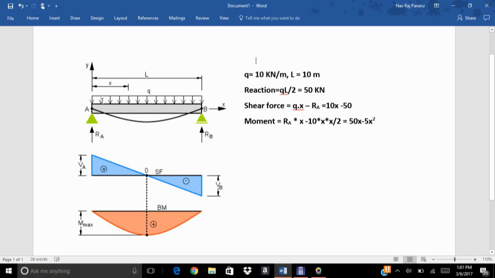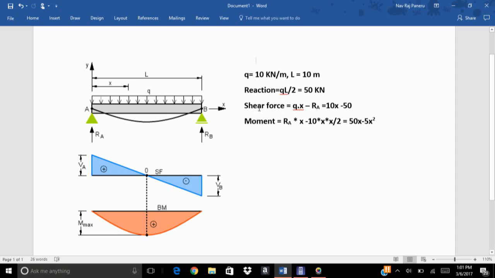The force given by the uniform load will be Q times the distance, Qx, minus Ra. And the moment value will be the moment given by Ra minus the moment given by the uniformly distributed load. The thing that matters is the direction of the reaction and the uniformly distributed load are different. So the moment given by one is minus and the other is plus. Similar is the case for shear force.